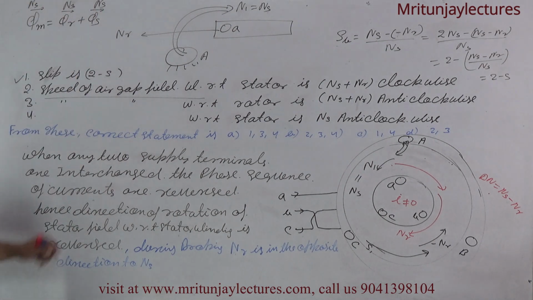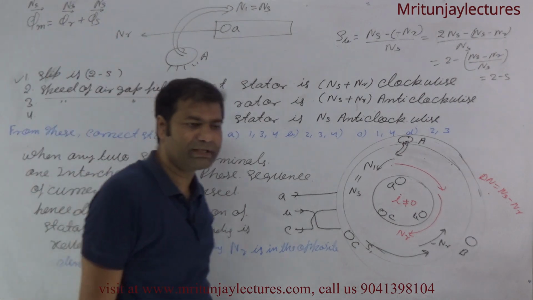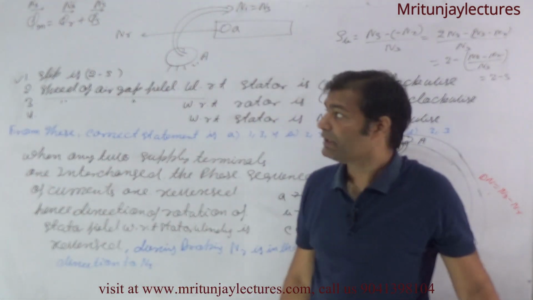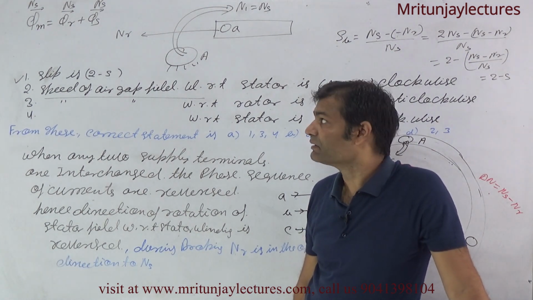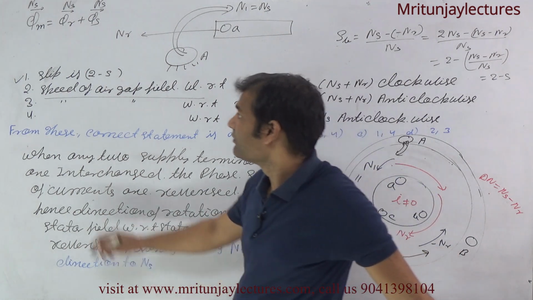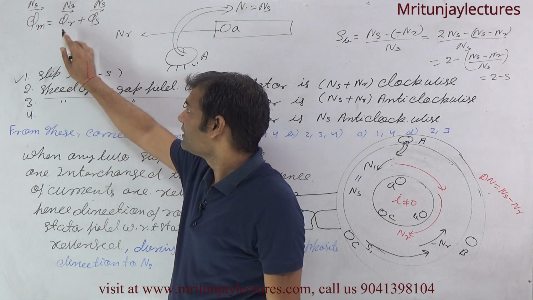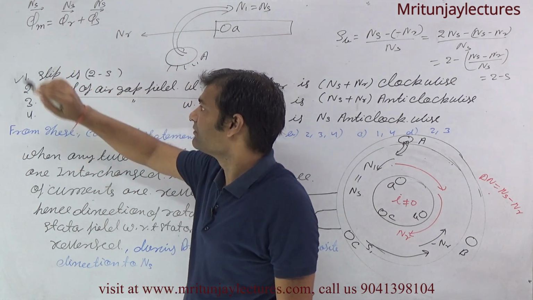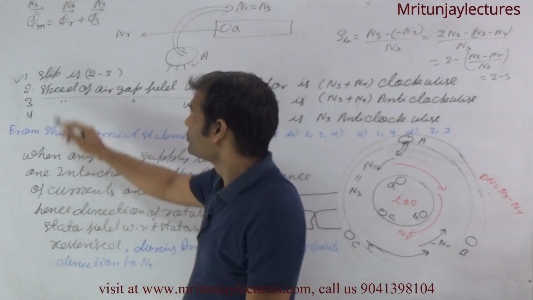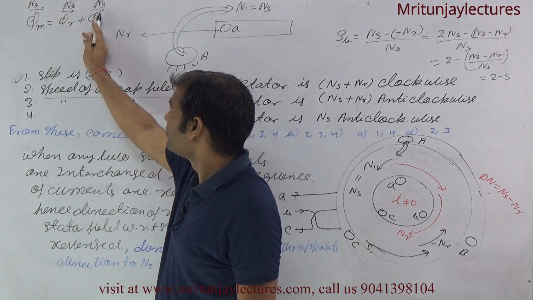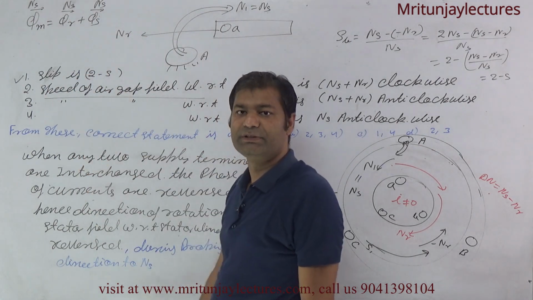Phi s means the stator magnetic field with respect to stator winding, and phi r is the rotor field with respect to rotor winding, and phi m is the sum of phi r plus phi s. Phi m is called the air gap field. Both speeds correspond to NS, that's why the resultant also rotates with speed NS.